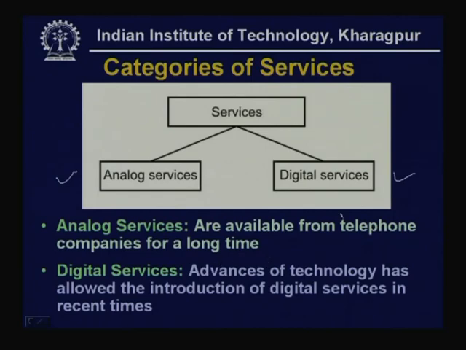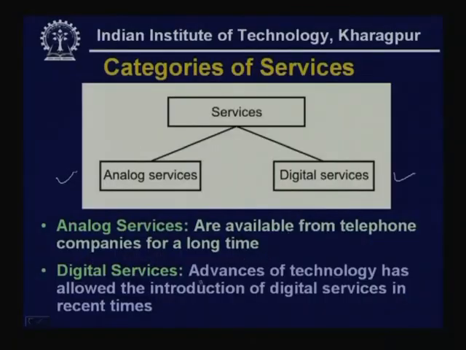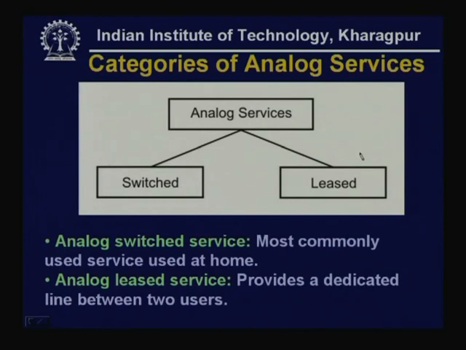That means we have been using these analog services for quite some time, and with the advancement of technology, digital services have been introduced, and nowadays we are able to use the digital services. I shall discuss both analog services and digital services one after the other. First, let us focus on the analog services.